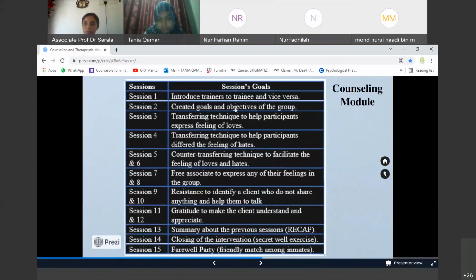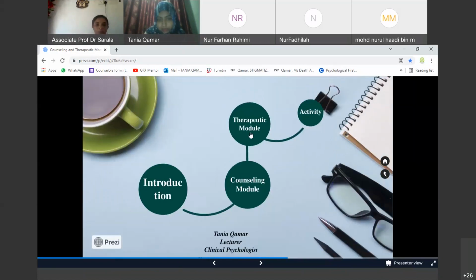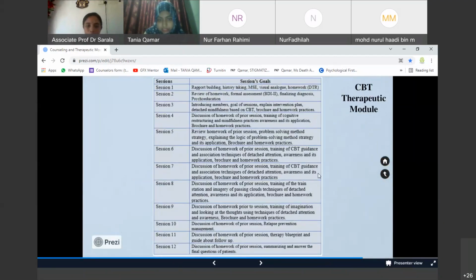You can see the counseling techniques here, and now I want to share a CBT therapeutic module. You can differentiate all these things and write some points about both modules.